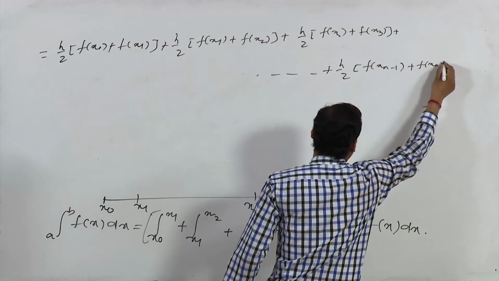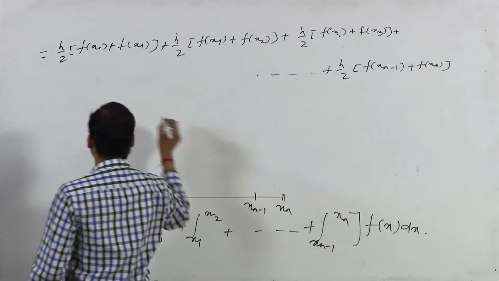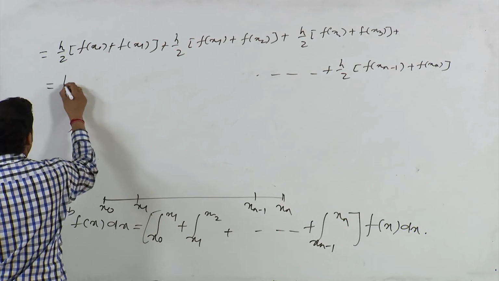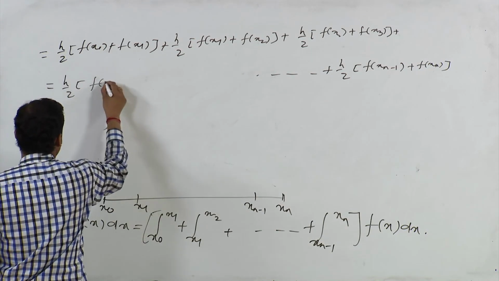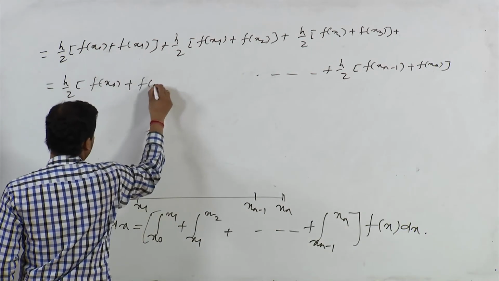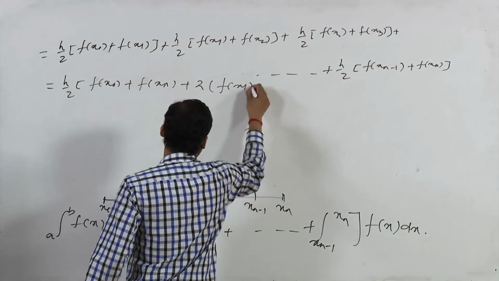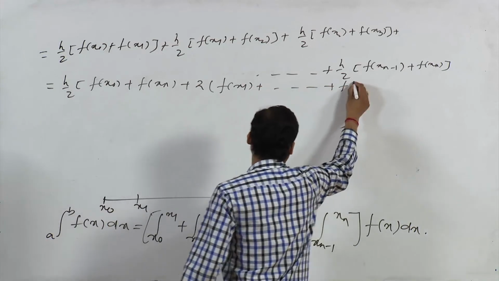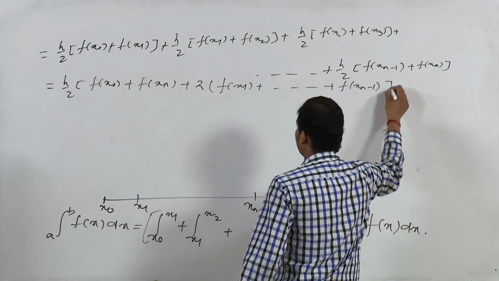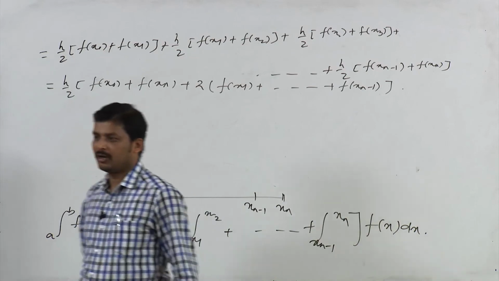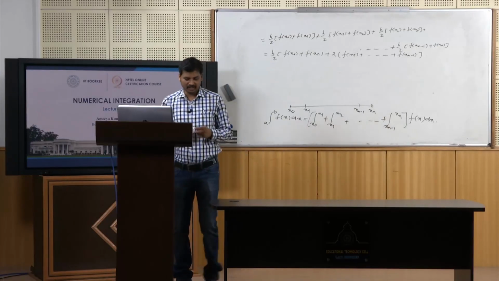If you add up all these terms, we can write this as h by 2 times f of x0 plus f of xn plus 2 into the sum of f of x1 to f of xn minus 1. This is basically called the composite trapezoidal formula.